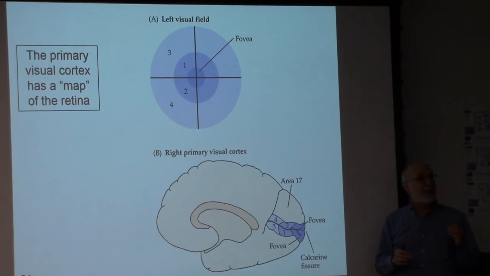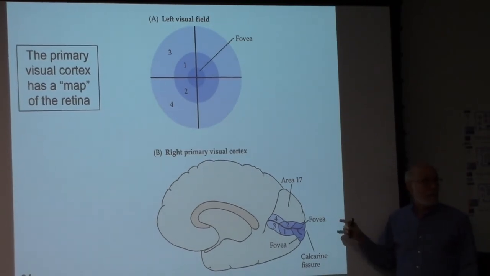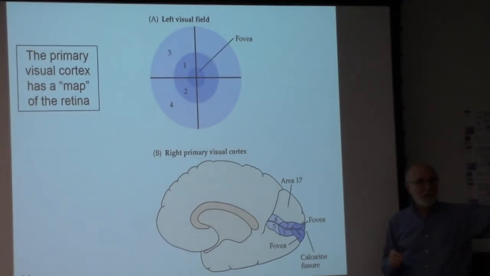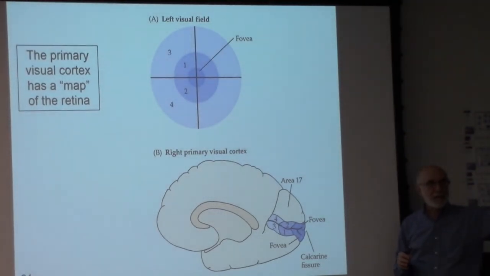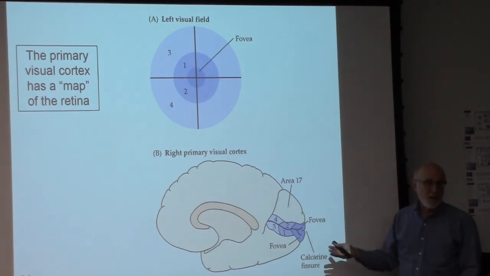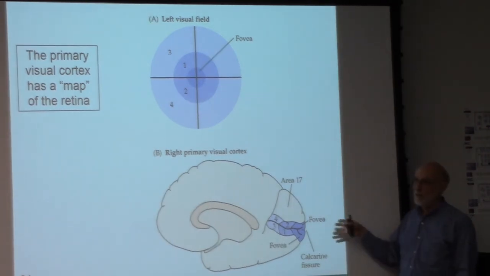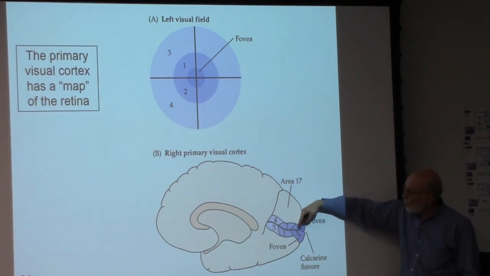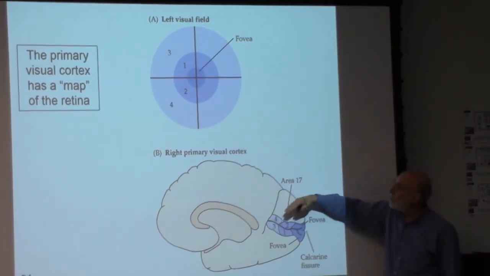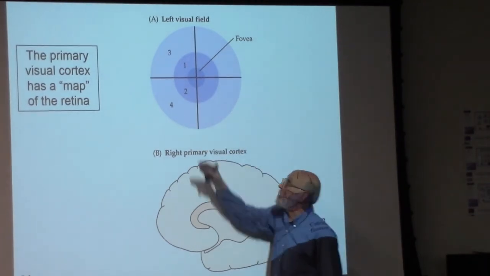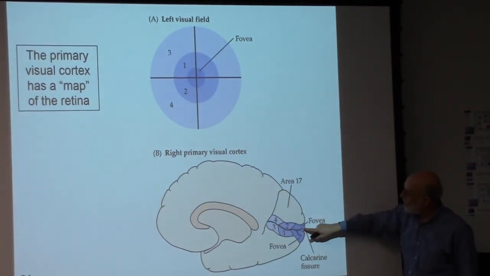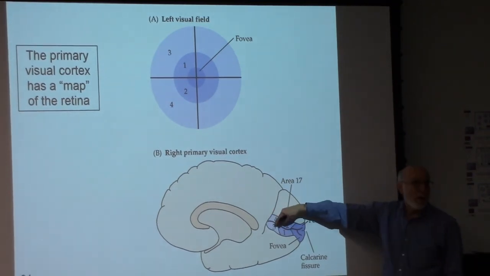The ganglion cells that are closest to my fovea, so again, I'm staring at Adam, left visual field, the left visual field is mostly processed in the right cortex, right hemisphere, like I said. The fovea is processed most posterior and more peripheral, so fovea is 0 and most peripheral is 3 and 4.